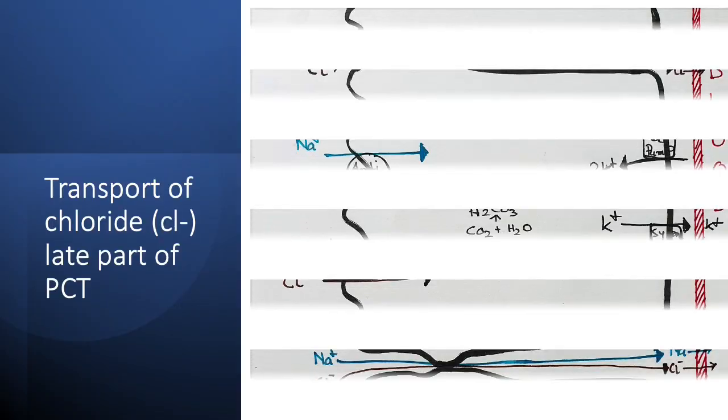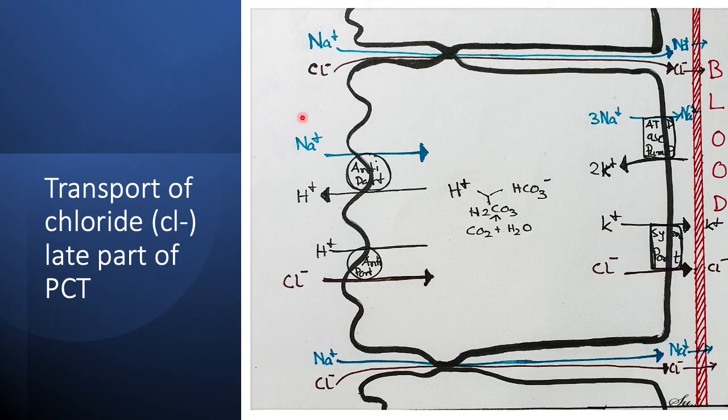The picture of solute transport is quite different from the early part of the proximal tubule to the late part. The chloride which has not been reabsorbed in the early part is mainly reabsorbed in the late part of the proximal tubule, and both the transcellular and paracellular pathways are responsible for that. In the paracellular pathway, it is reabsorbed along with sodium directly through the tight junction.